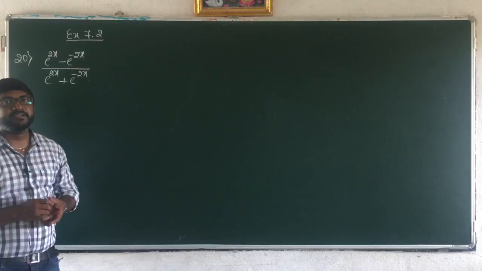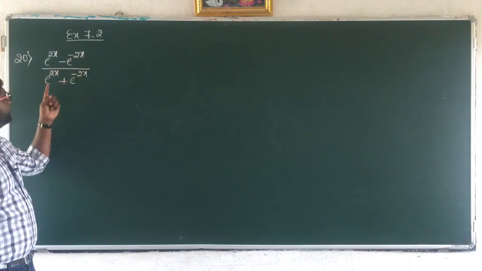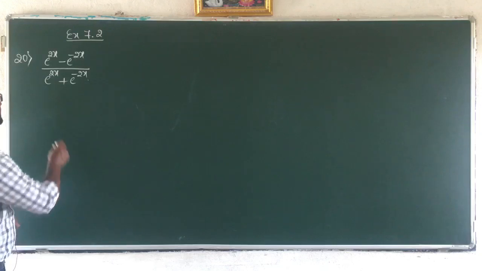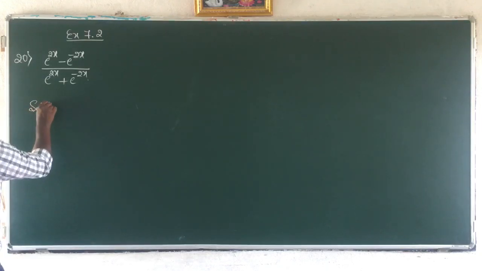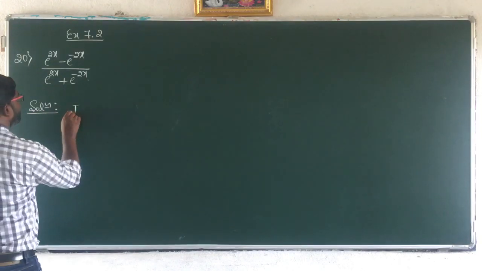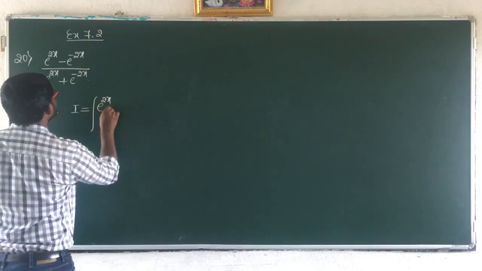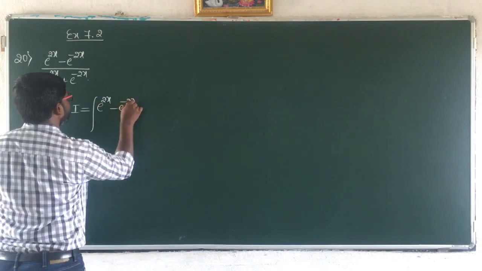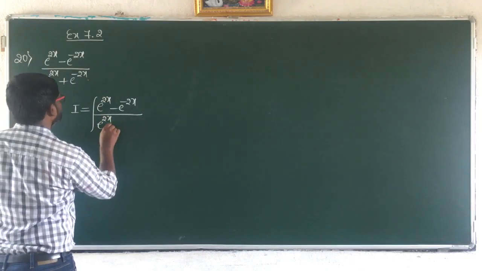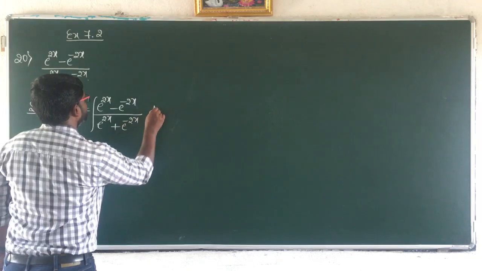The 20th question, it is e raised to 2x minus e to the power minus 2x divided by e raised to 2x plus e to the power minus 2x. So take this as I which is equals to integral e raised to 2x minus e power minus 2x divided by e raised to 2x plus e to the power minus 2x dx.